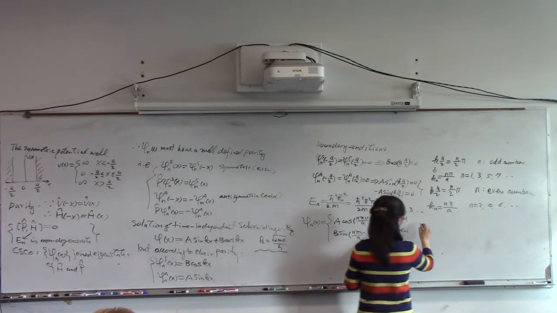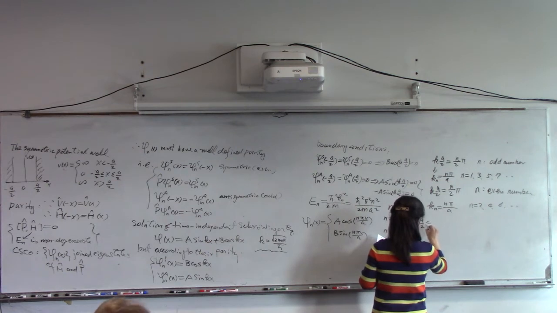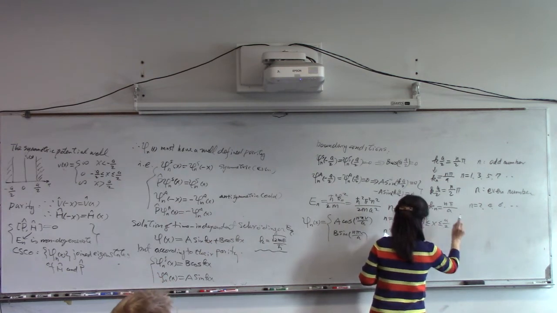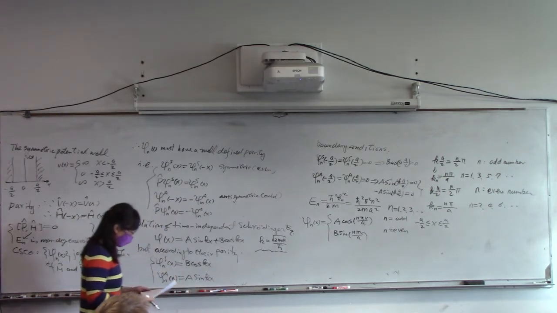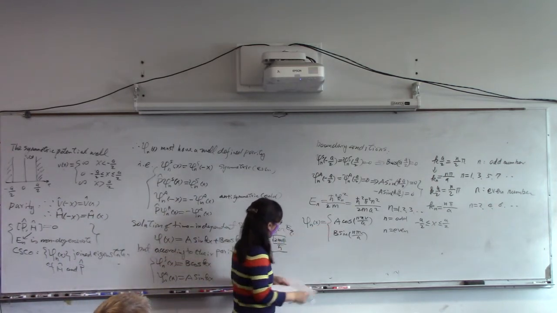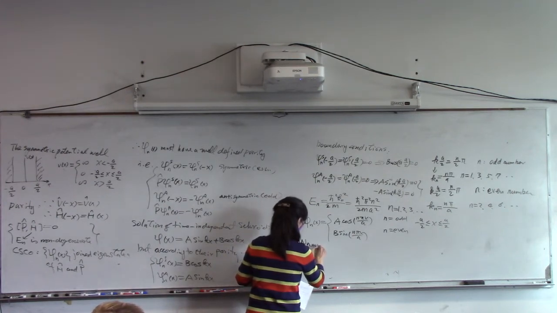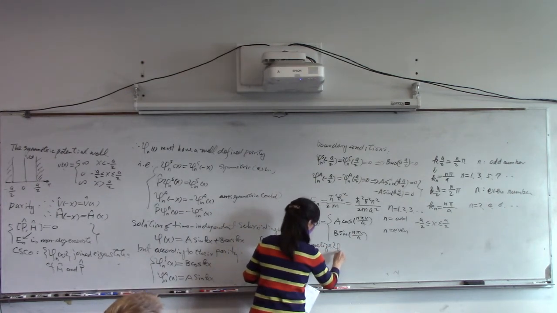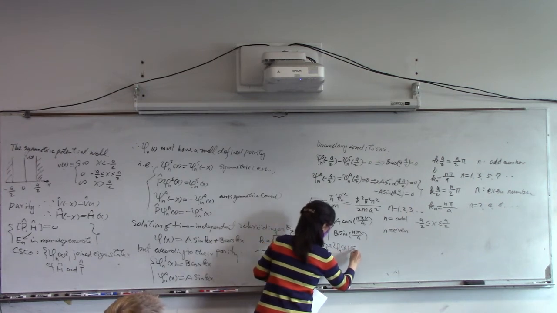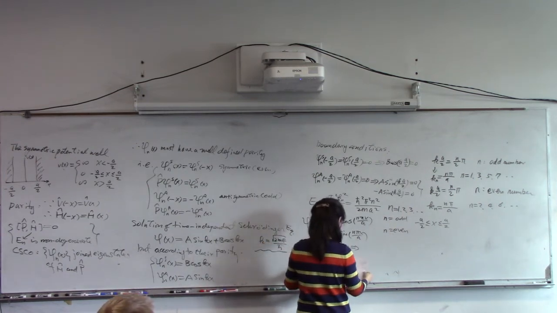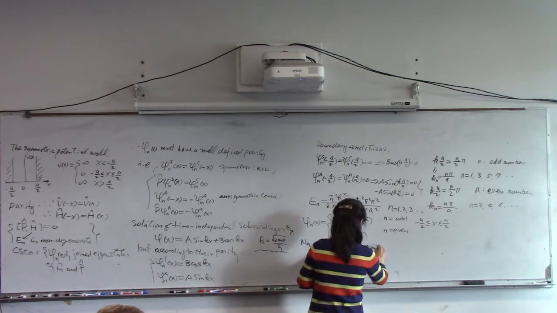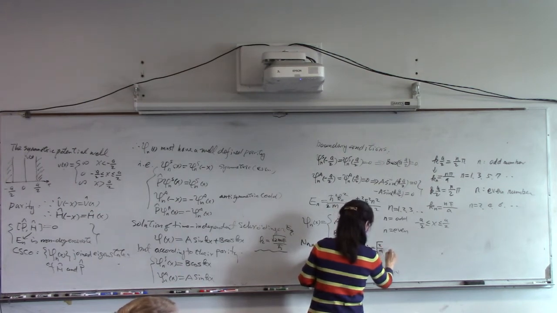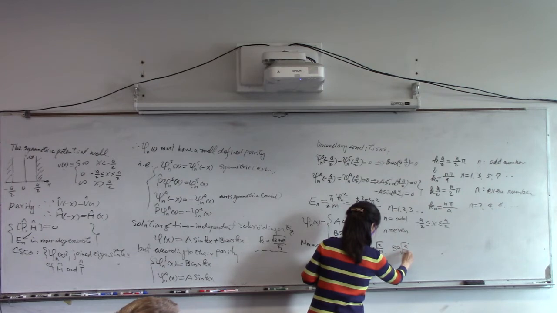Of course, this is important: this is only within the well, right? The coefficients are found very easily, just normalize. It is very simple, so I just give you the result: A is the square root of 2 over a, and B is also the square root of 2 over a. Same.